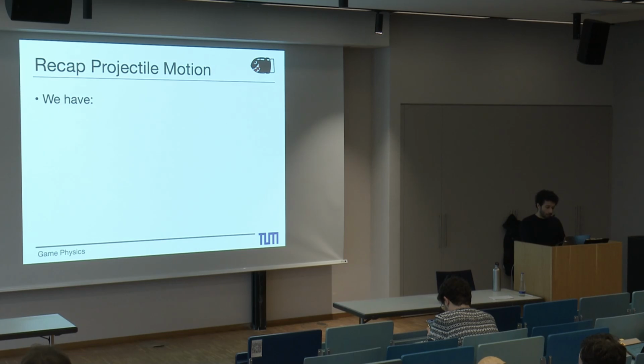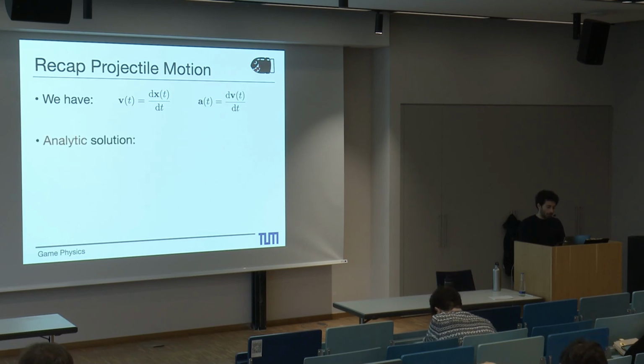So what we have is two differential relationships. One is for the velocity, that is the derivative of the position with respect to time, and also acceleration, which is instead the derivative of the velocity with respect to time. And normally for a projectile motion, we can actually write an analytic solution, and that analytic solution will look something like that.